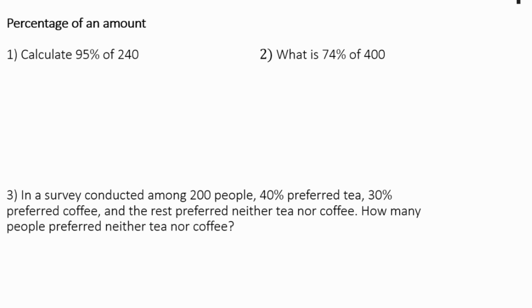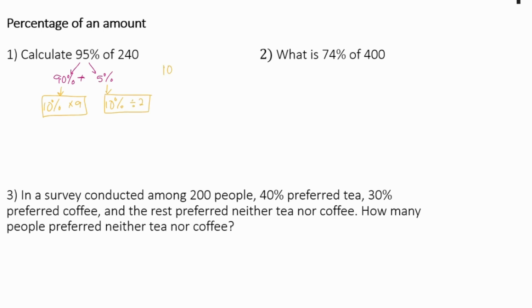So number 1 says calculate 95% of 240. So to find 95%, we can first find 90% and then add it on to 5%. To find 90%, we can first find 10%, then multiply it by 9. And to find 5%, we can take 10% and then divide it by 2.